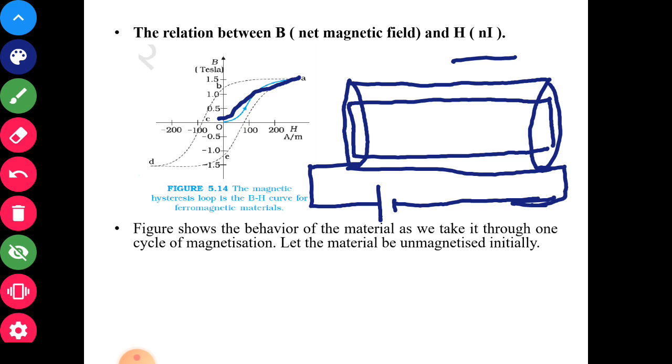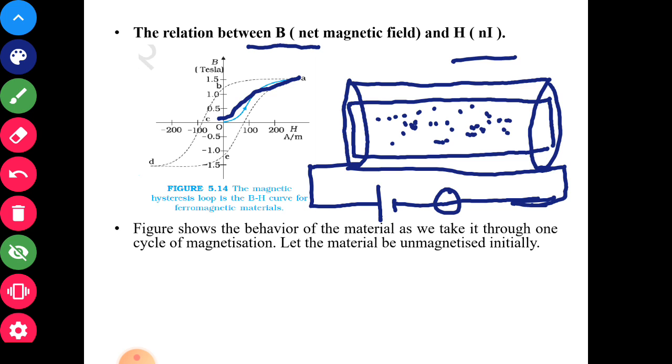So if you say for example you have one milliammeter here, and you are increasing the current from say 10 milliampere, 20, 30 this way, then the magnetization of the atomic magnetic dipoles will increase, and that increases the net magnetic field inside the solenoid or inside this bar of ferromagnetic substance.